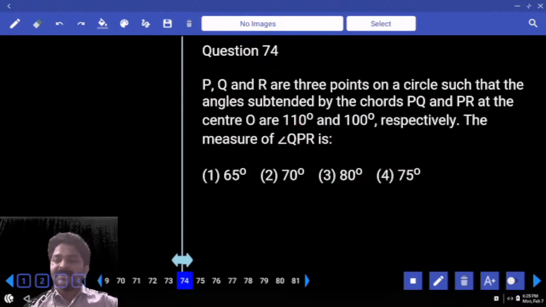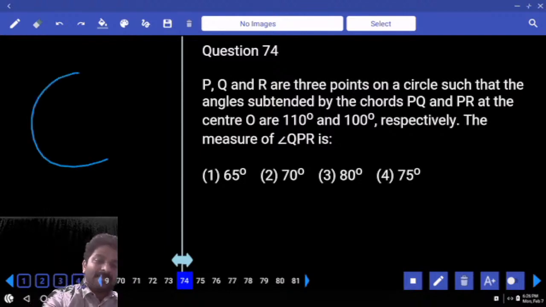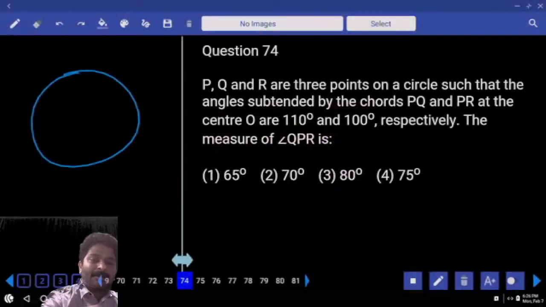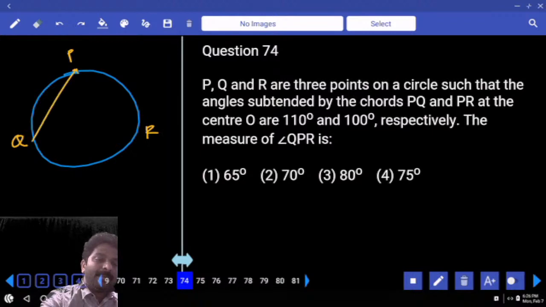P, Q, R are 3 points on a circle such that the angle subtended by the chords PQ, PR at the center are... Okay, triangle, 3 points P, Q, R. Chord PQ, PR, center.